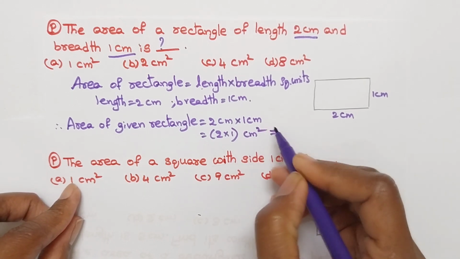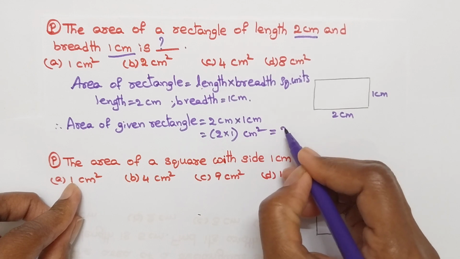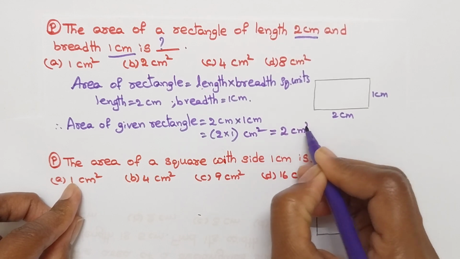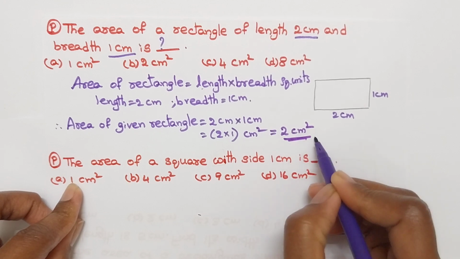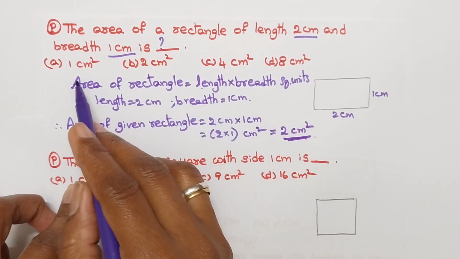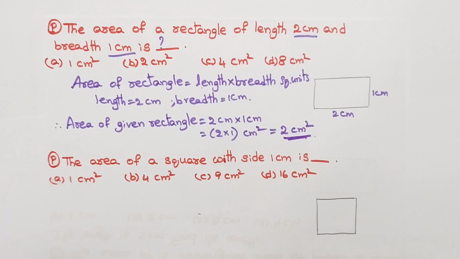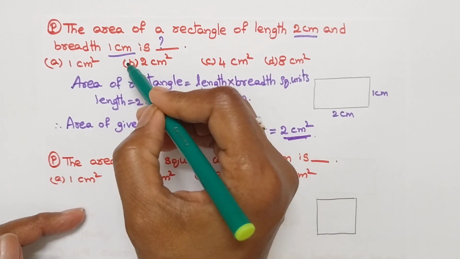That equals 2 centimeter square. This is the area of the given rectangle. Which option is the correct one? Option B is the correct one, 2 centimeter square.